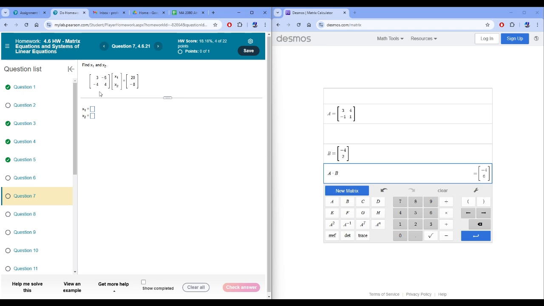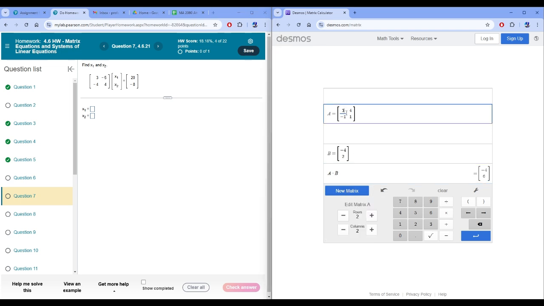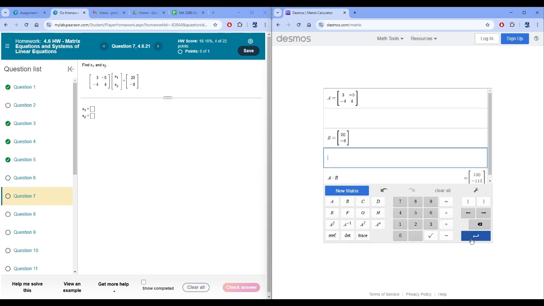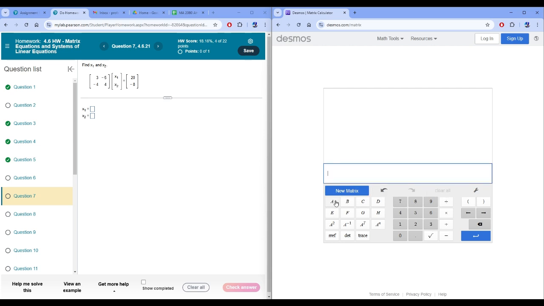Now for this one, what I would have to do is change this: 3, -5, -4, 4, and B is going to be 20 and -8. Enter. I'm going to have to clear. Oh, dang it. Did it not just save A and B? A equals 3, -5, -4, 4.